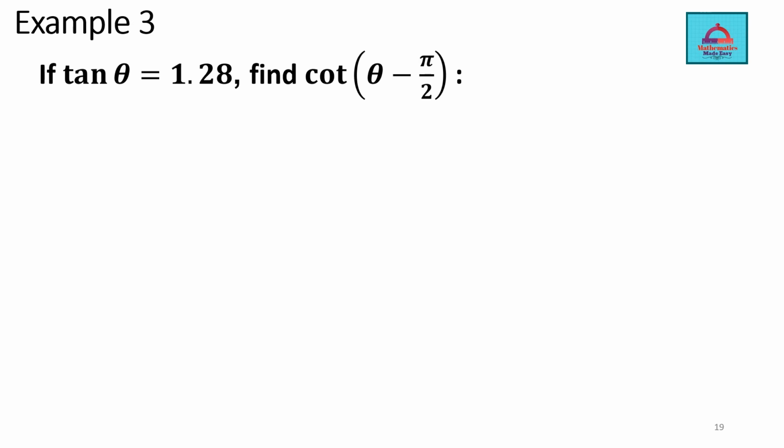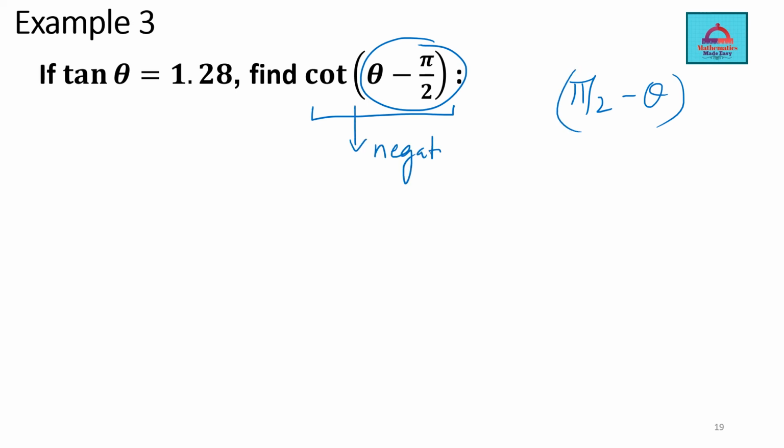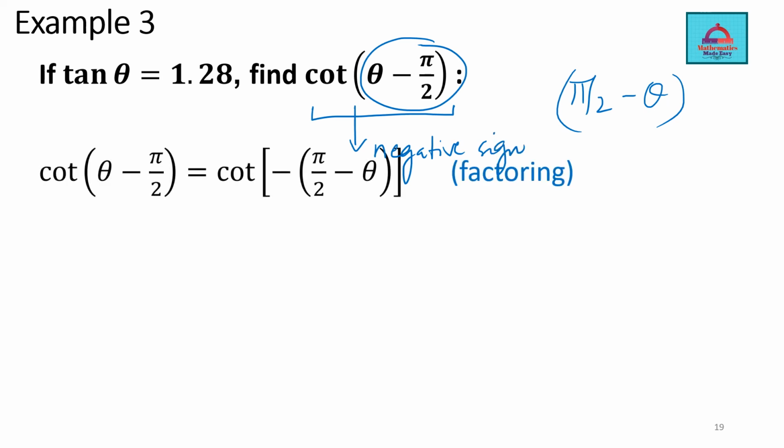Okay, so first look at the question and you should be able to identify that this is a question on cofunction identity. Why? Because you see the angle theta minus pi by 2. Now, generally, the angle in a cofunction is pi by 2 minus theta. So we have to change the angle by a negative sign. Very important to observe. So I can write cot of this as negative of this.